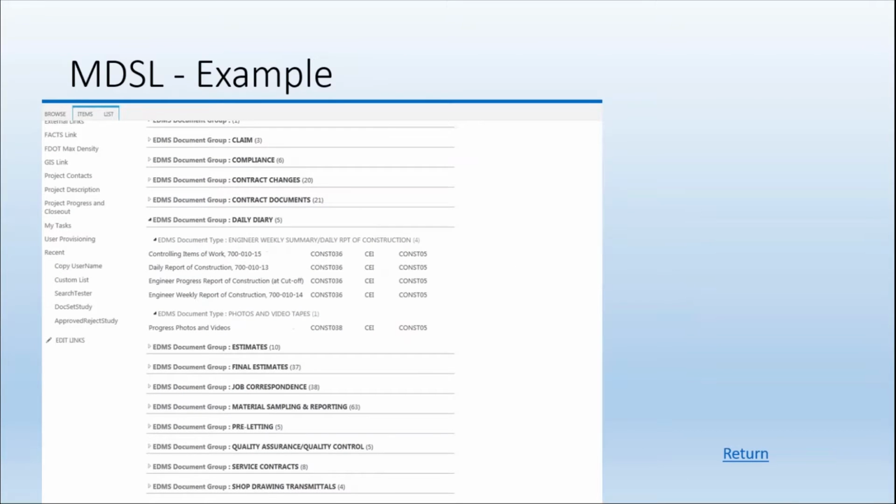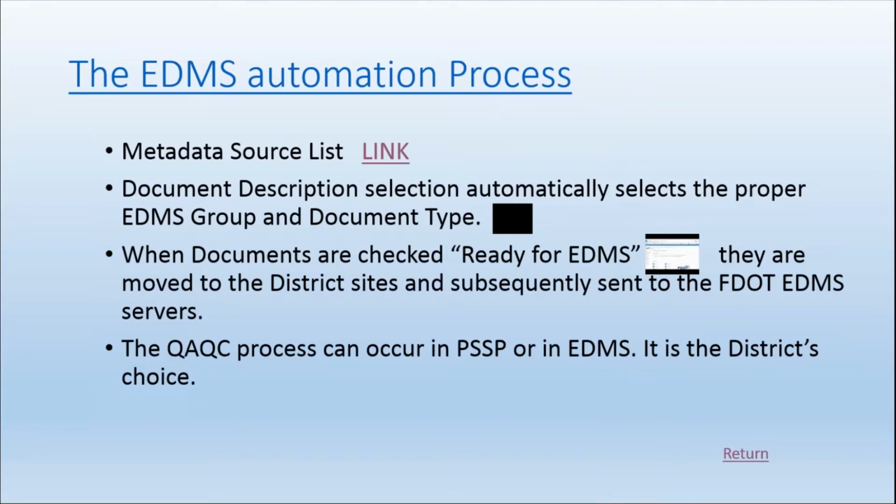So in the metadata source list, we've tried to put all the possible samples that might come in, the examples of documents that would come into a project. There may be things that we did not get put in the list. So if you ever encounter those, you need to immediately send an email to that CPR group that there's a document that you received that's not in the drop-down list, and we will update the drop-down list so that it will be there.